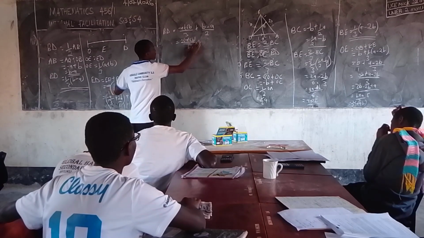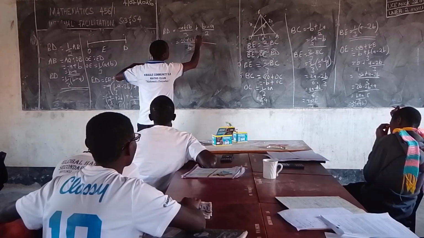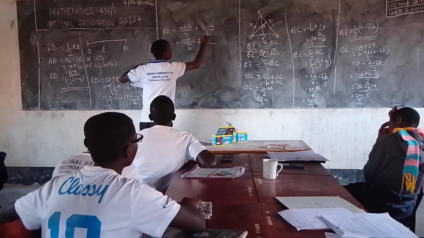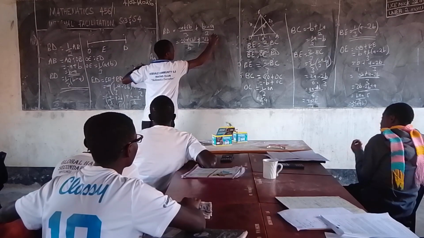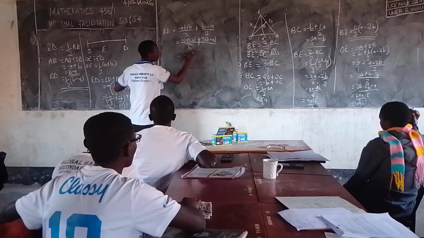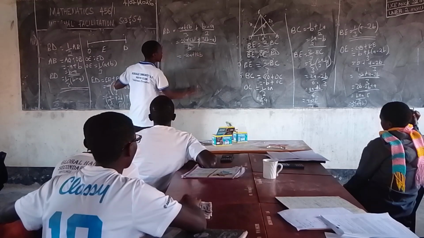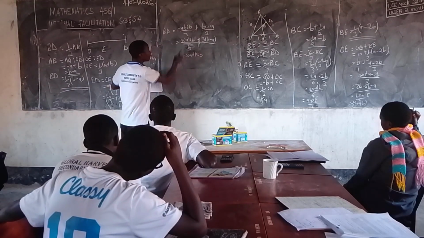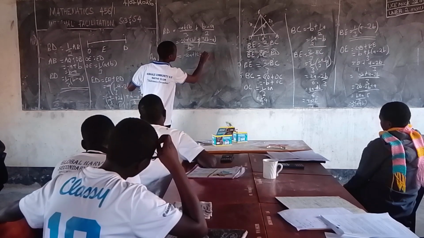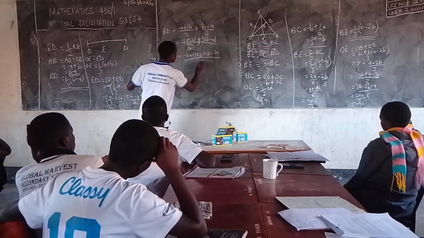And then plus 6 divided by 2 is 3, so 3 into b minus a. So what we have is negative 2a plus 4b, plus 3b minus 3a over 6.